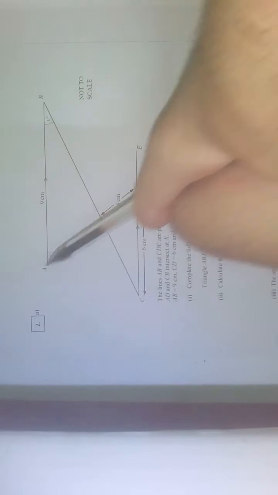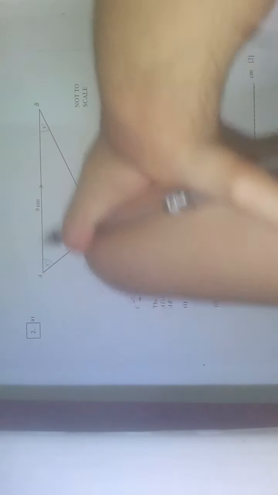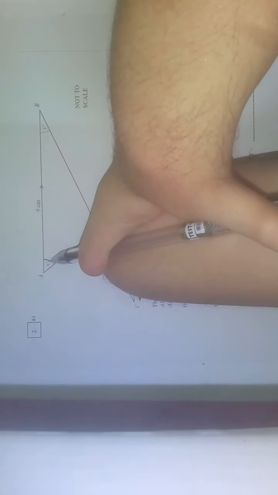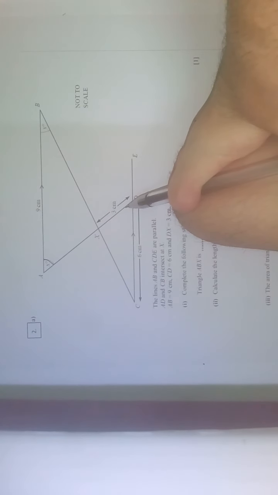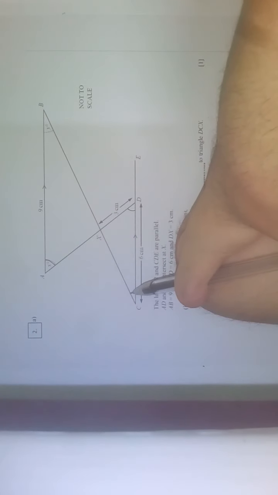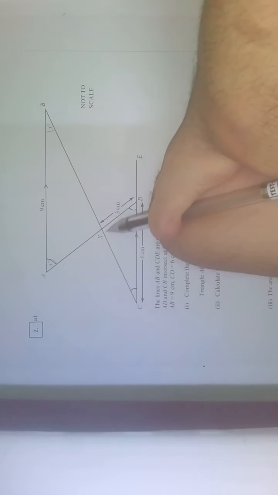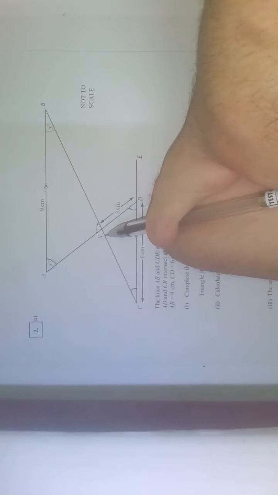triangle DCX. Okay, always remember ABX, which is up here, the big one, DCX, which is down here, the small one. Okay, remember what is the properties of similar objects. Okay, you see the parallel line, the angle here is X, so automatically the angle inside here also will be X. The angle here is Y, so automatically the angle here also will be Y. So these two angles are opposite each other, so they also will form the same angle.